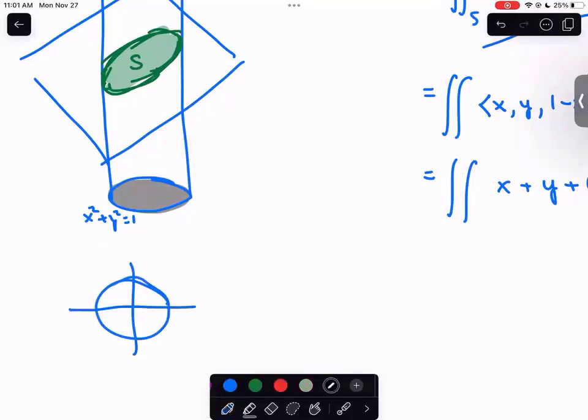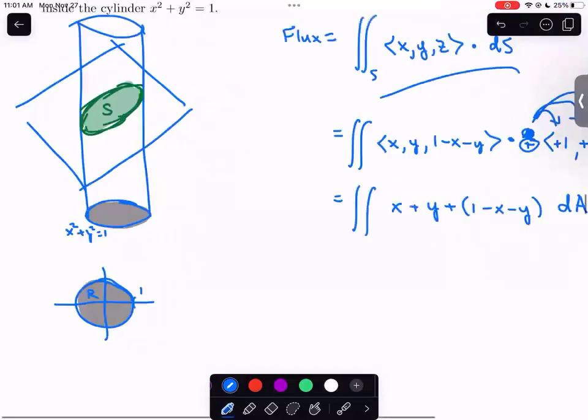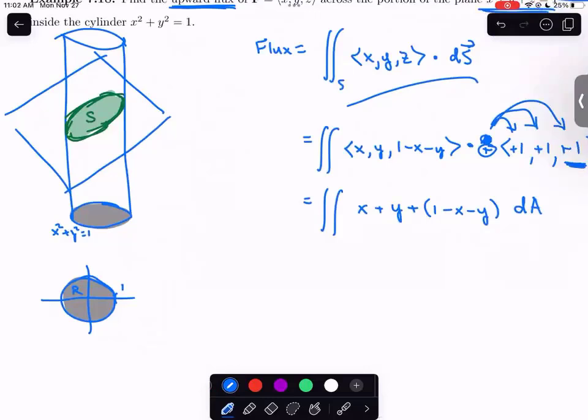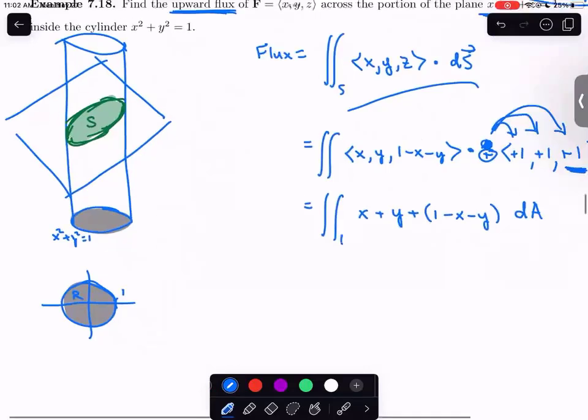Right? And so this R, this region here, is inside of a circle of radius 1. So this should be, this point, these should be R's, not S's. Positive x, positive y, those can nicely simplify a little bit.